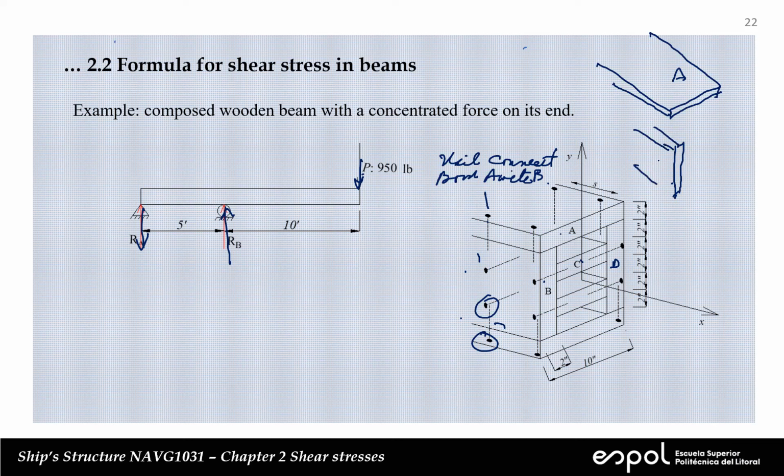It's going to be board B. So we put it together and then we use nails in order to join them. And the nails will have to sustain the shear stresses at the different locations. And that's what we are going to calculate. How many nails do we need?